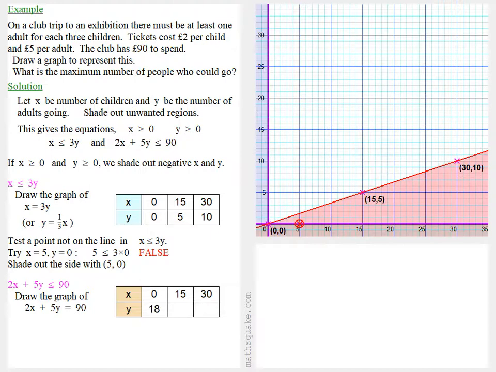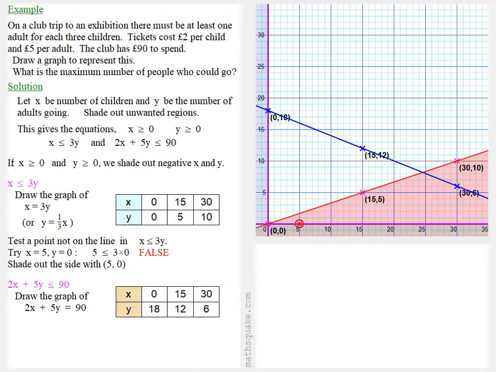If x = 15, we have 30 + 5y = 90, so 5y is 60, and so y is 12. If x is 30, we have 60 + 5y = 90. So 5y = 30, so y = 6. We can plot those points and join with a straight line.